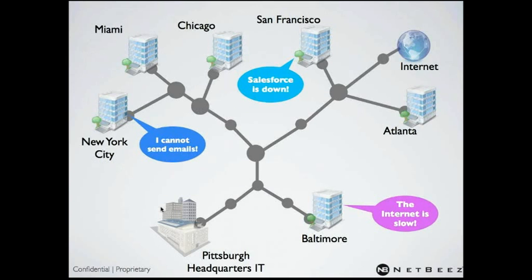Alrighty. So, on average, 20 to 30% of network and application problems are detected by the end user. "I can't send emails, Salesforce is down, I can't access Facebook." And that's generally due to a little or a complete lack of visibility of the end user by the network engineers and IT staff.